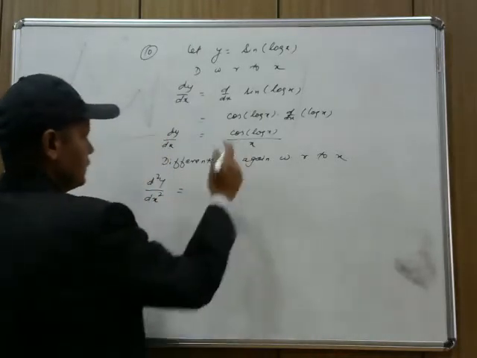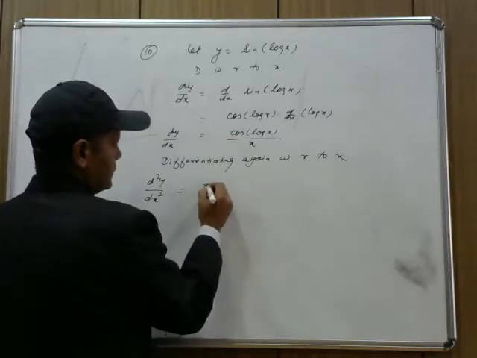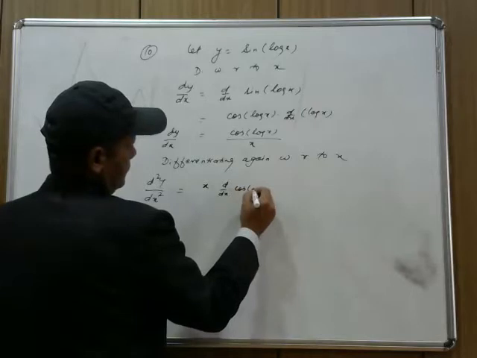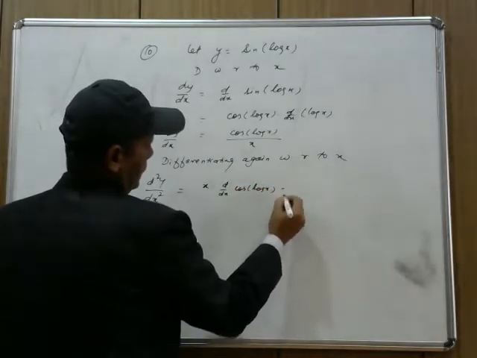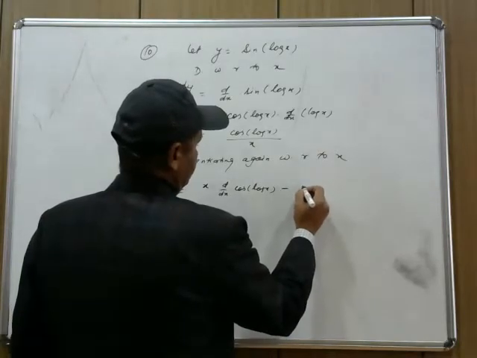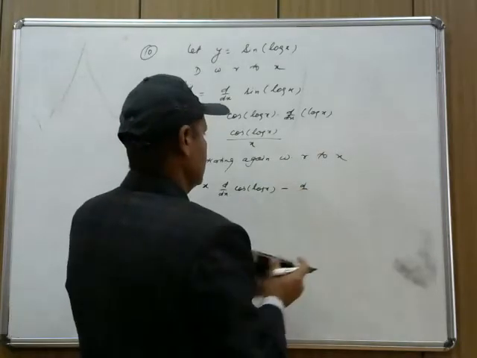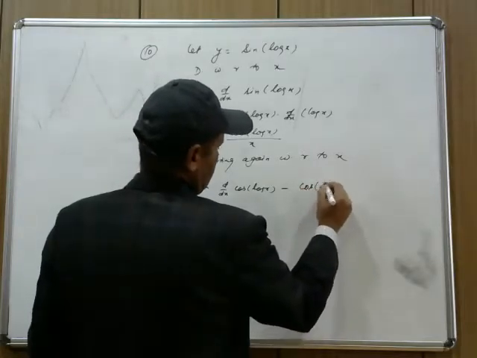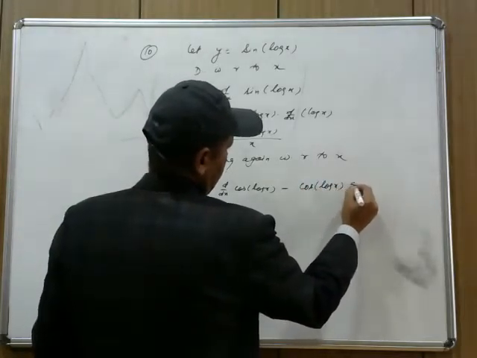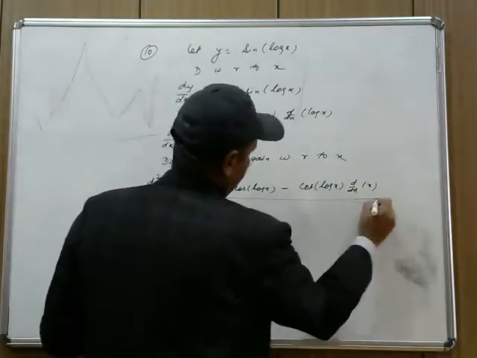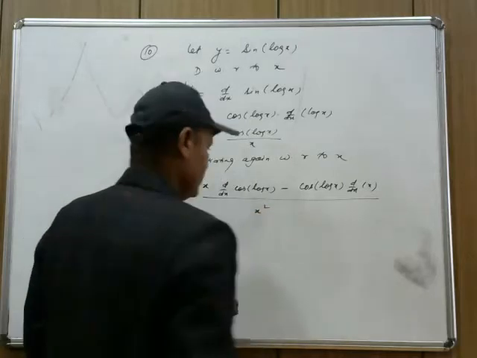The differentiation of first, second as it is, so x into differentiation of cos log x, minus differentiation of x into cos log x, that is cos log x into differentiation of x, whole divided by x square.